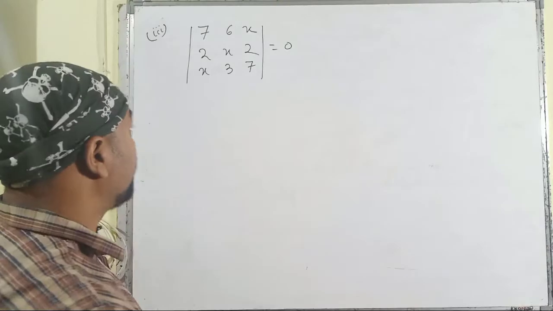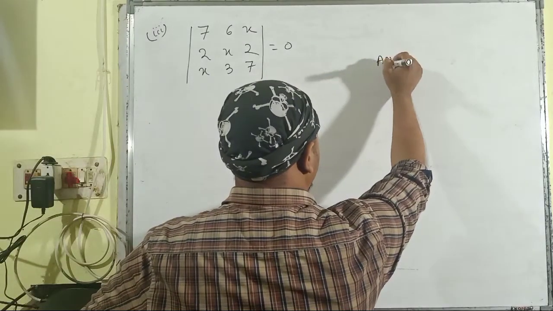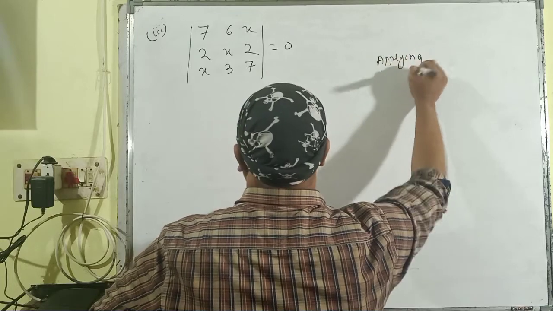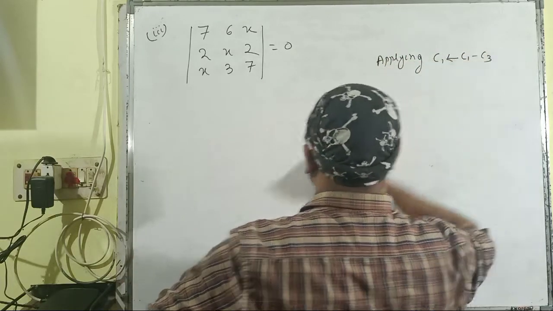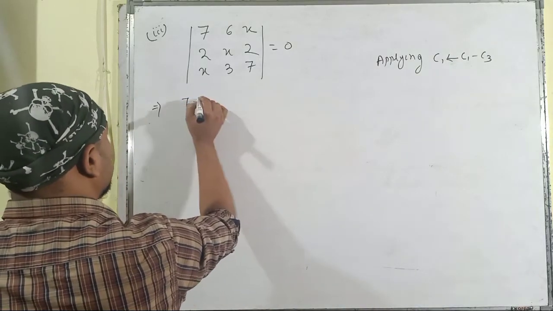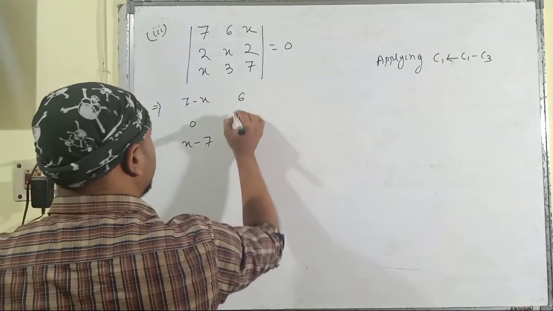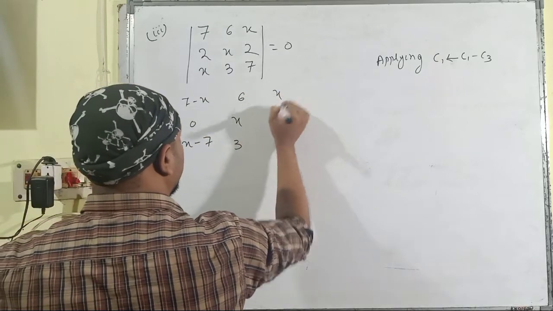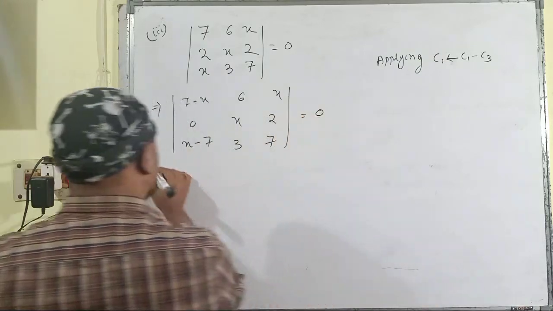Then proceeding towards the third part. So here is the third problem from number 4. Applying c1 replaced by c1 minus c3, we are getting 7 minus x, then 0, then x minus 7, then 6, x, 3, and x, 2, 7, and the value of the determinant is equal to 0.